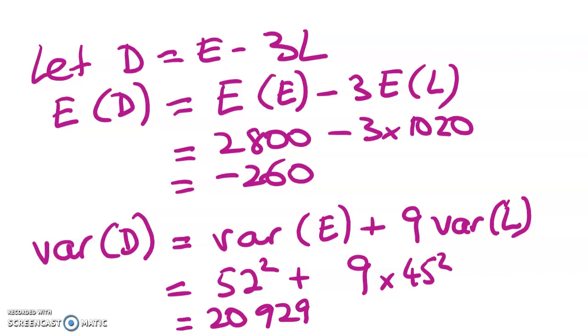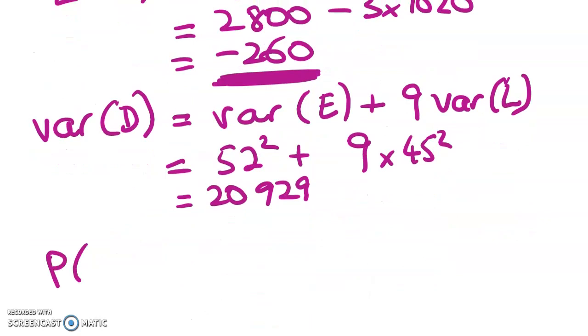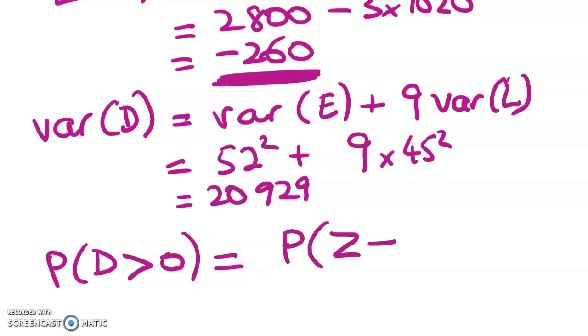Just notice the way I've defined it is the inner low one minus 3 times the long live one. And this is a negative number, and you've got to watch that in the next step, because we want the probability that that thing, D, is strictly positive. So we standardise by subtracting off the mean, and the mean is a negative number.